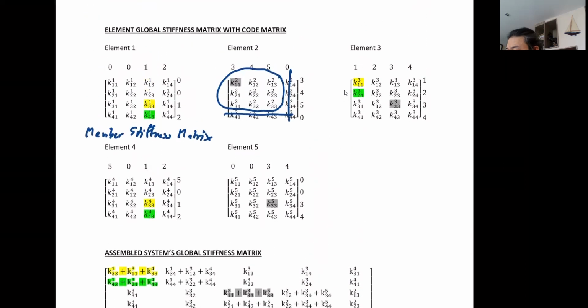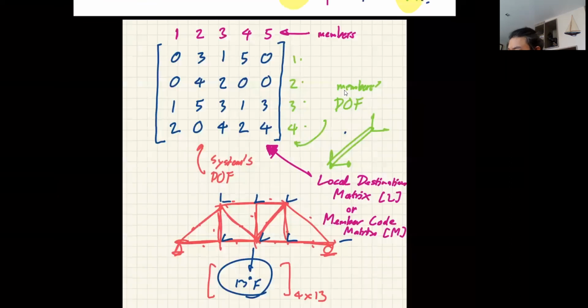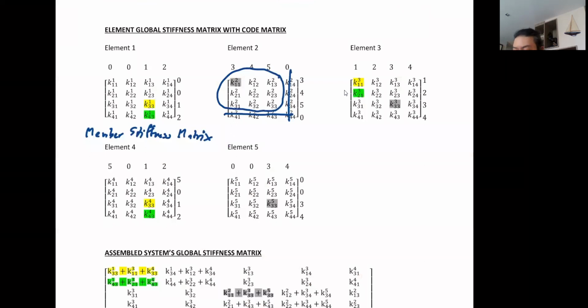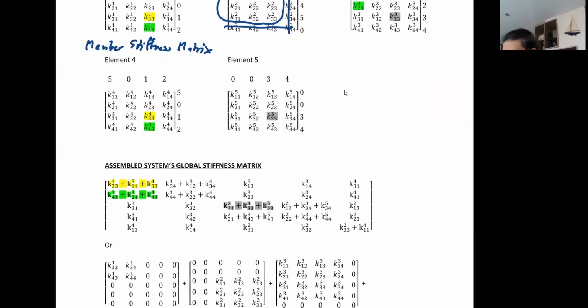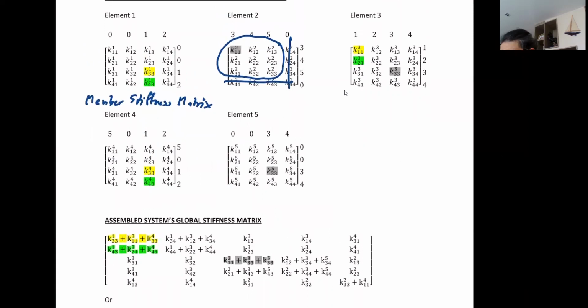Now for member number 4, the code says 5, 0, 1, 2. It's getting a little bit tricky now because of the way we define our local nodes 1, 2. When you see 0, you can just eliminate it, because it means that all these components will not go.